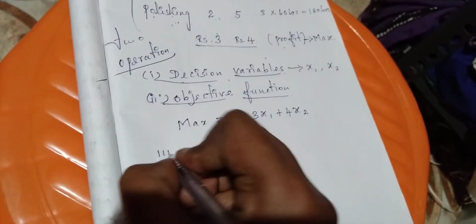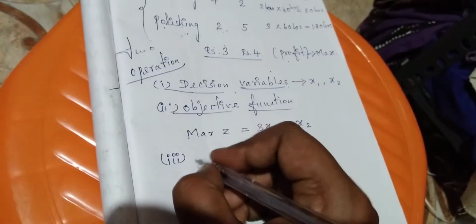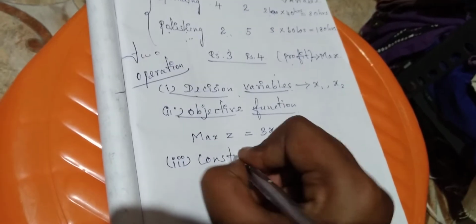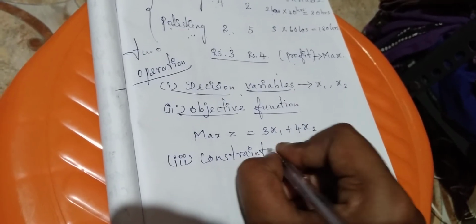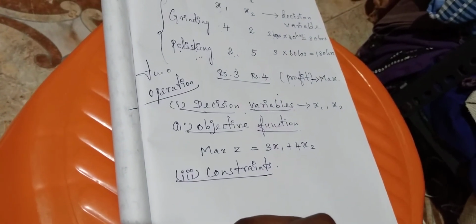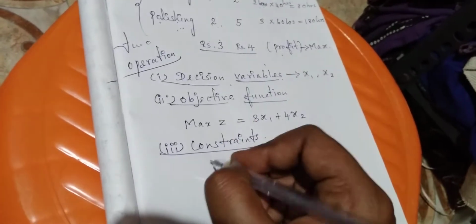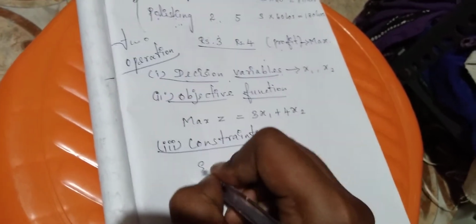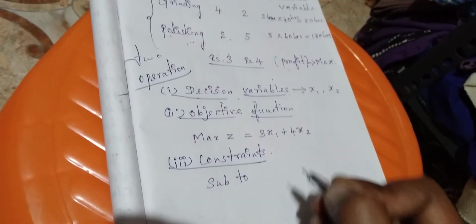What is the third step? We need to write the constraints. Whenever I am writing the constraints, the subject to is very important. So constraints, how many?